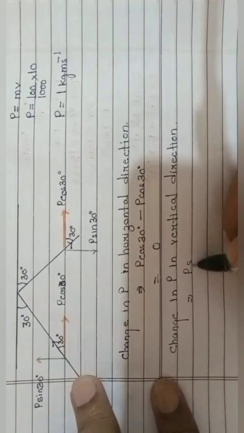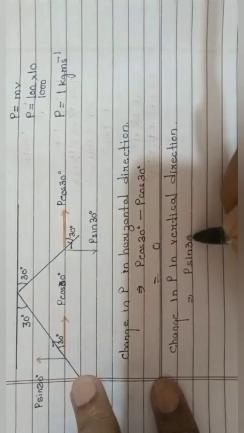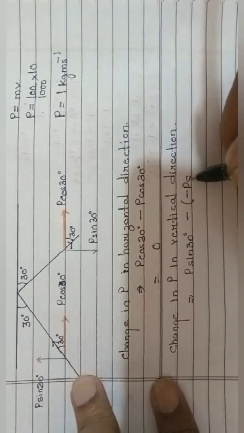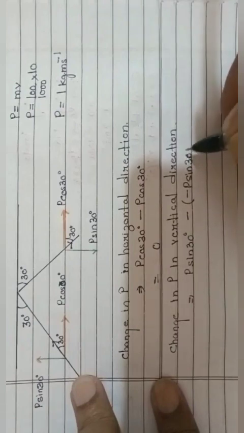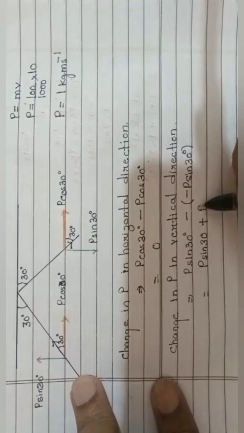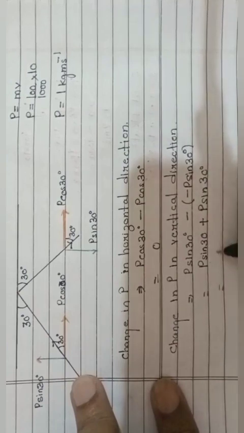So change in momentum will be P sin 30 minus minus P sin 30. So this will give you P sin 30 plus P sin 30. So your result will be twice P sin 30.